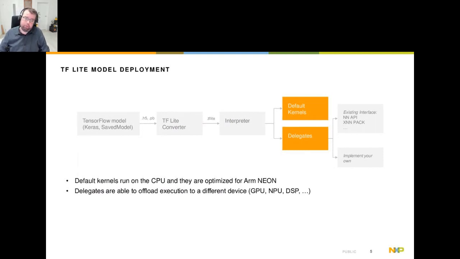So if you want to run your model on the CPU on your device, this is probably one of the best options to go with. But typically, your hardware has other options available. That may be a GPU, that may be an NPU, that might be a digital signal processor. So if you want to offload the computation to such a device, you need to use a delegate here.